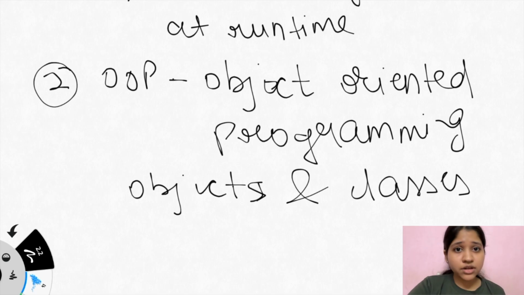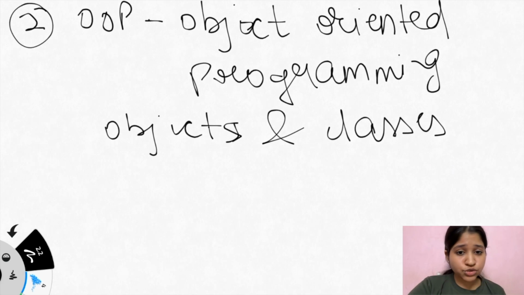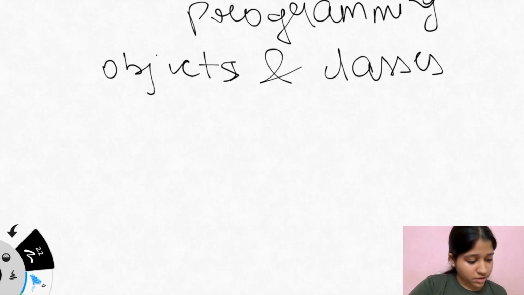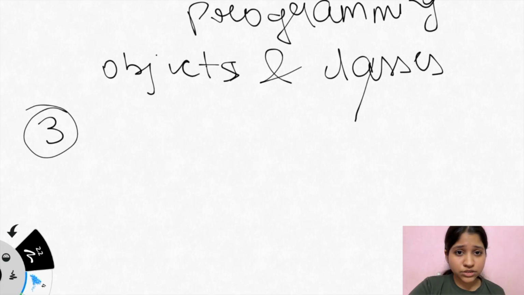For example, we have multiple students in a class and we want to write their information. So we can create a student class and then create multiple student objects. In this way, we don't need to write everything in one place.